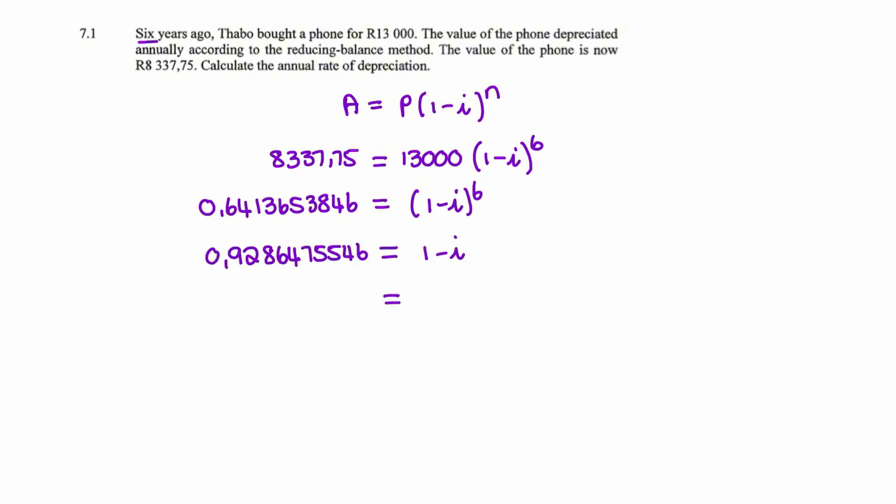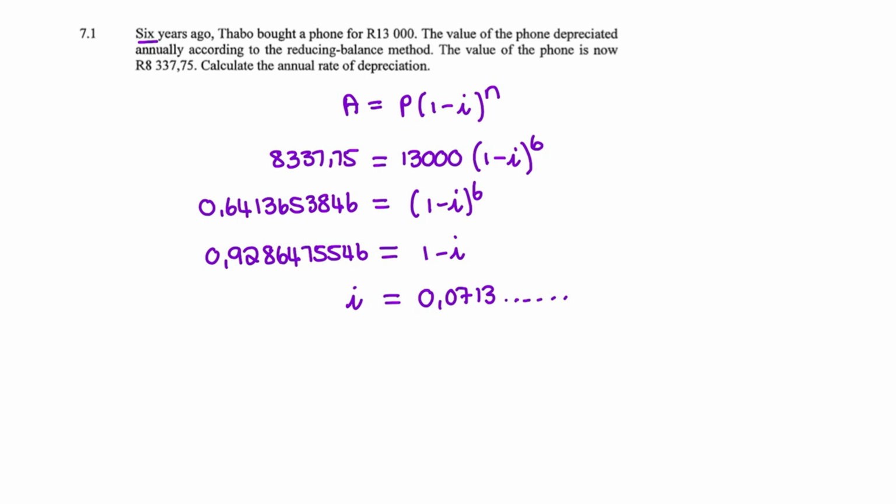Now, in order to solve for i, I'll move i to the left, and that becomes positive i, and I'll move the decimal value to the right. So it will be 1 minus 0.92 and all the decimal values, and that answer becomes 0.0713 with some decimal values.